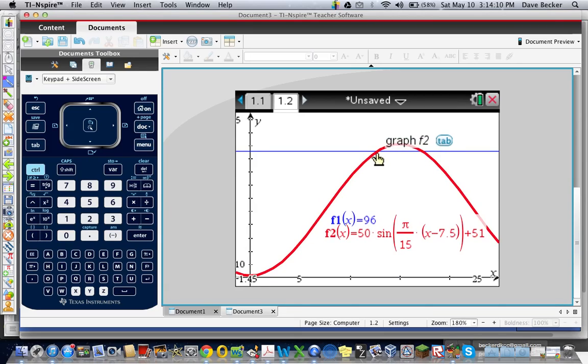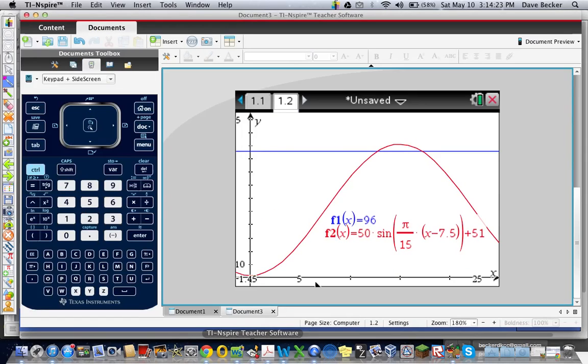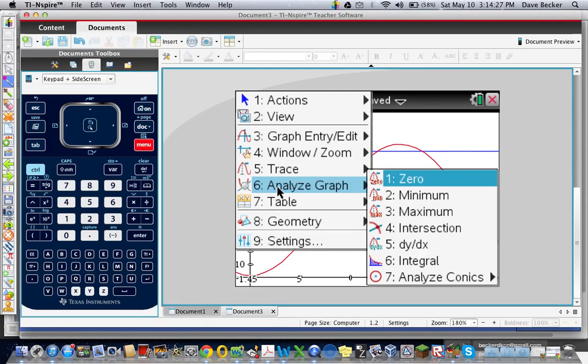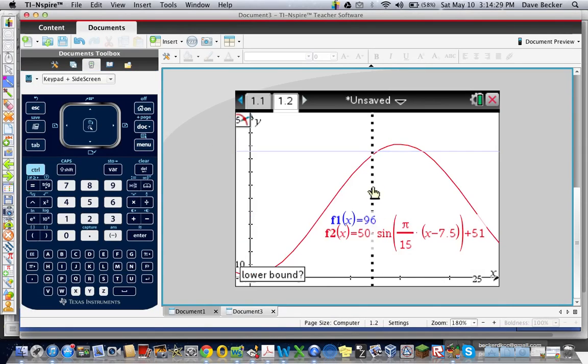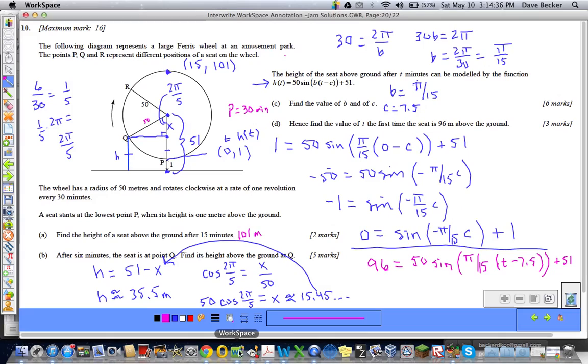Nice. So we have two intersections. I'm going to go back and reread the question. It says, hence find the value of t the first time the seat is 96 meters above the ground. So that would be right here. So all I have to do is menu, analyze graph, intersection, to the left of that, to the right, and I get 12.8. So my answer would be 12.8 minutes.